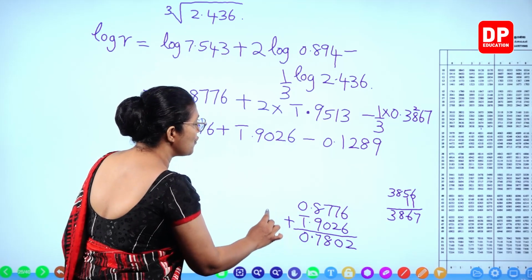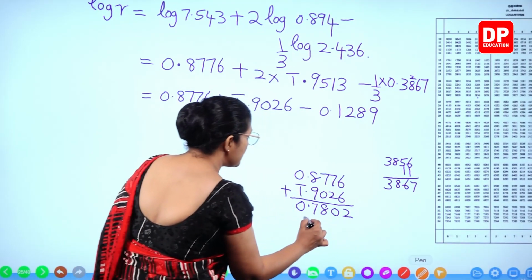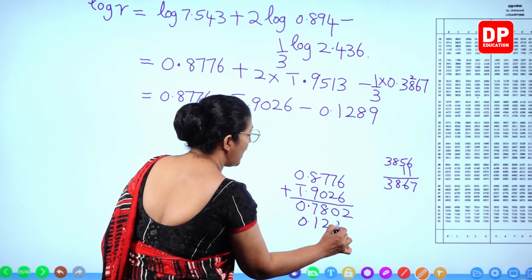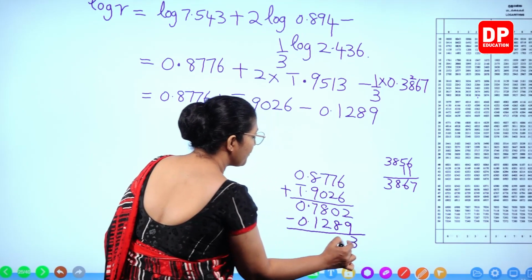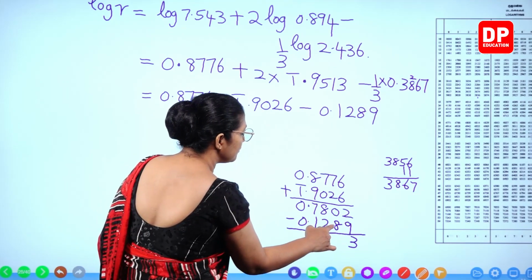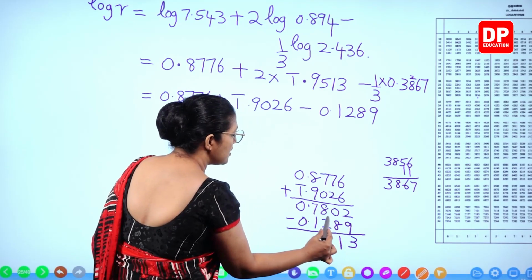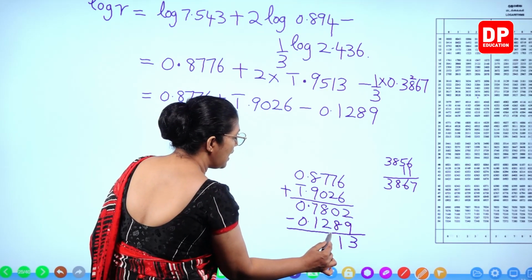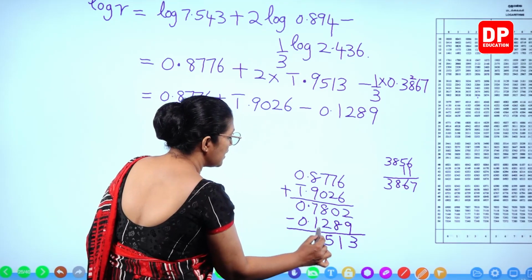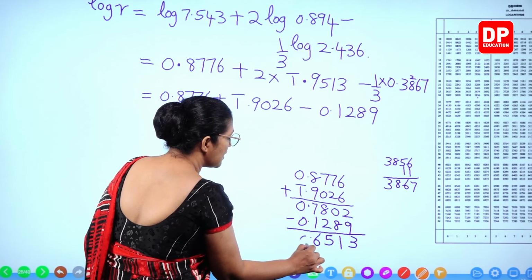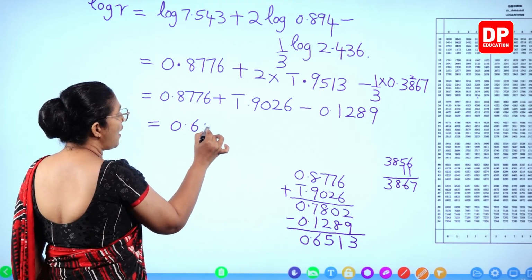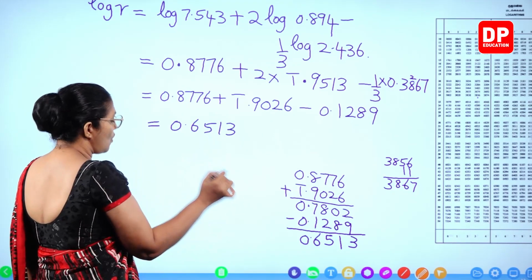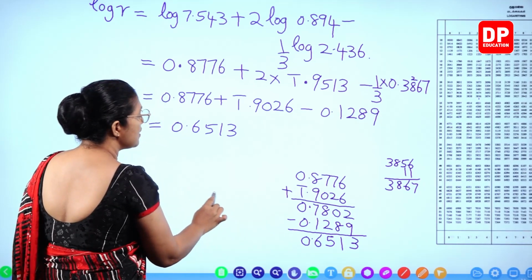Now you can subtract 0.1289 from that. 3, 1, 10, 1 remaining, 3 and 5, 8. This is 6. 0.6513. So how you are going to do the other part?